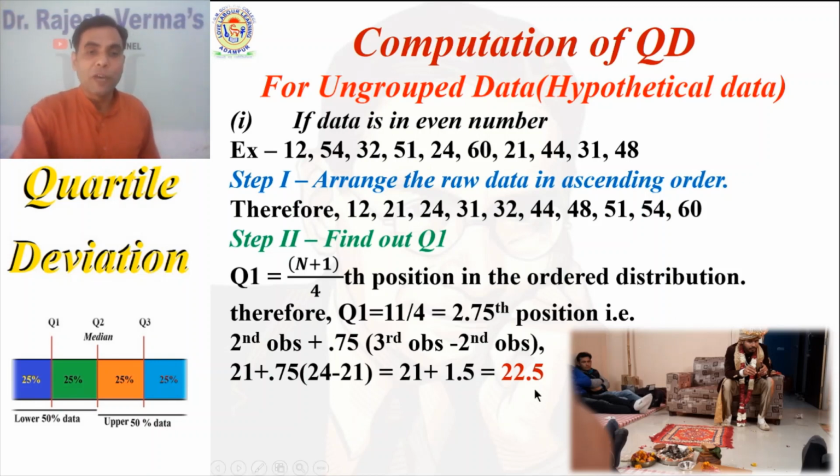That is 2.25, and if you add it to the second value, that answer will be your Q1, that is 22.5 when the data set is in an even number.